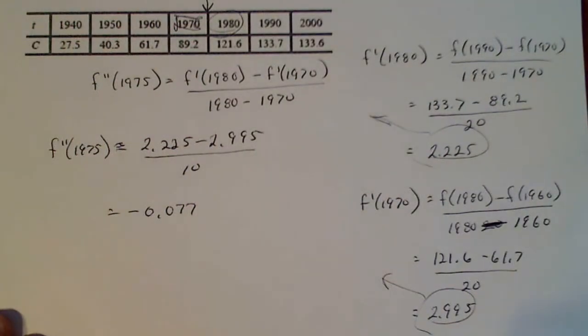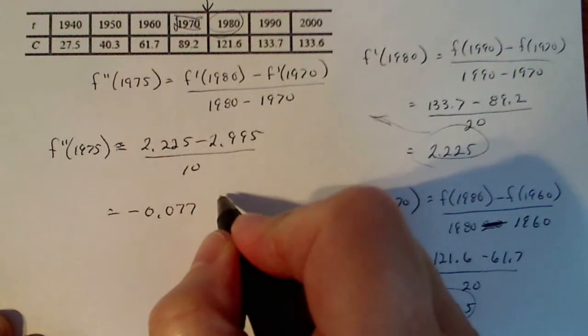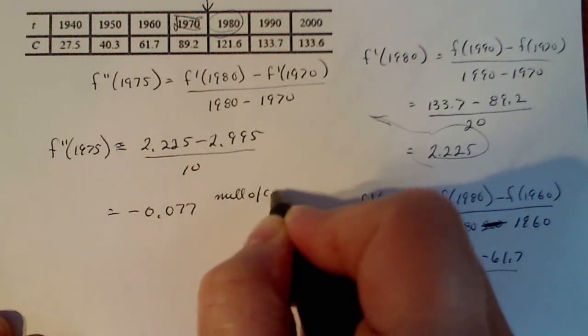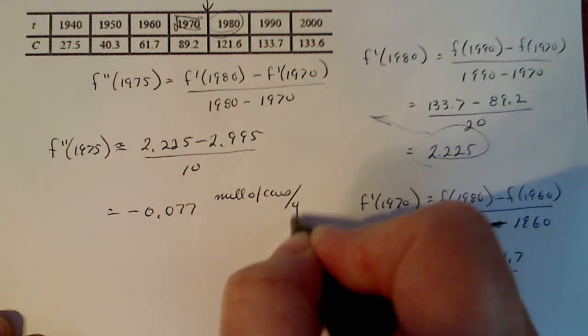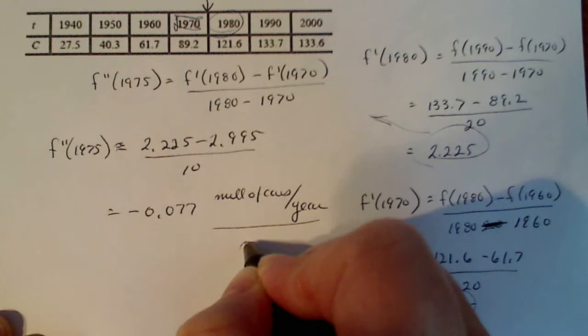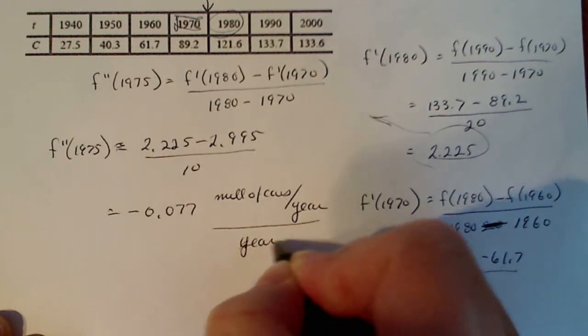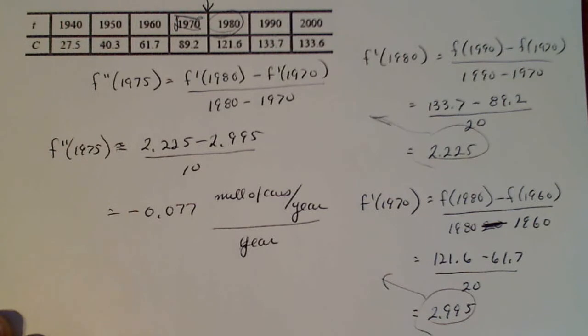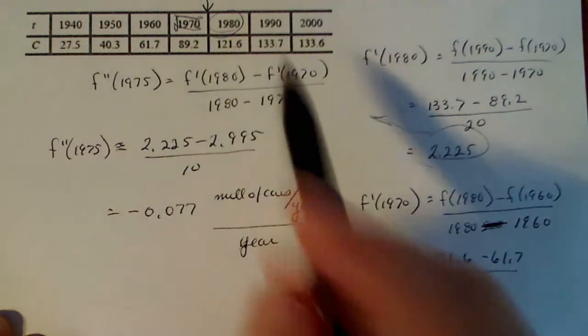All right, so what's the unit of measure on this? It's going to be millions of cars per year per year. So notice my second derivative is negative, and in part A, I said the second derivative looks like it's positive, but something happened in this problem with the wonky numbers.